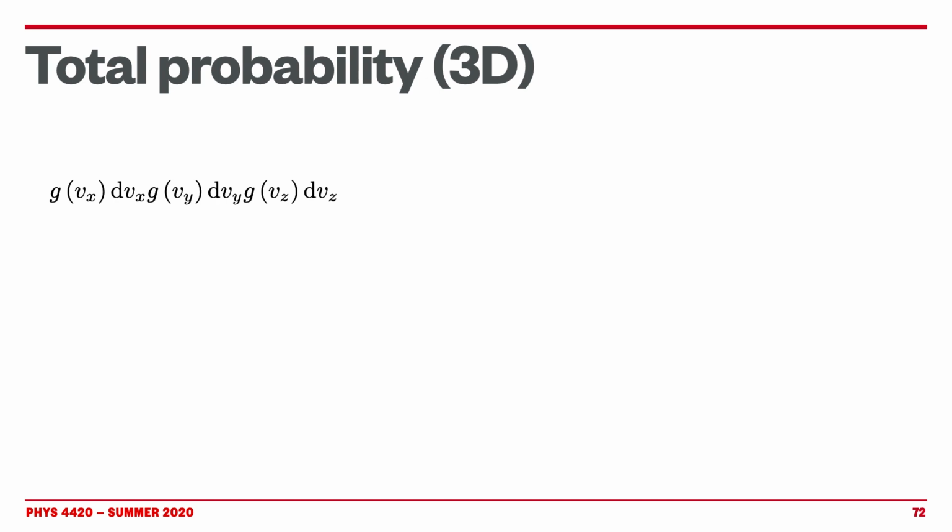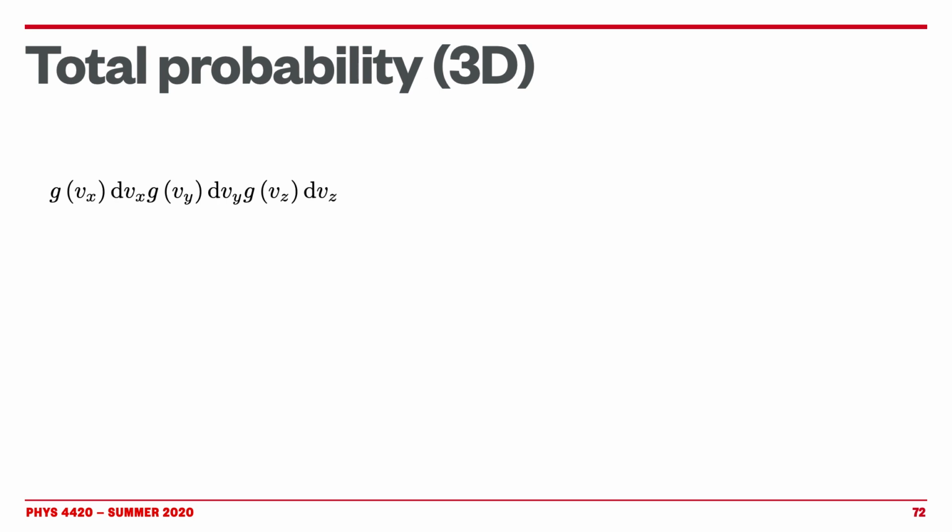That's the probability that a particle has a velocity along x between vx and vx plus dvx, times the probability of finding that particle with the velocity along y between vy and vy plus dvy, times the probability of finding that particle with the velocity along z between vz and vz plus dvz. That's it. It's a product, of course, because the probability of compounded processes is always given by the product.